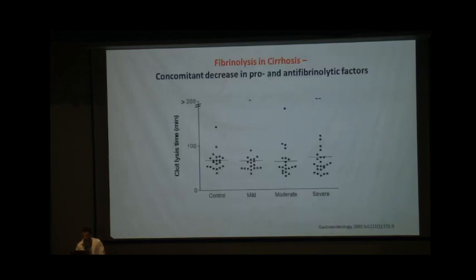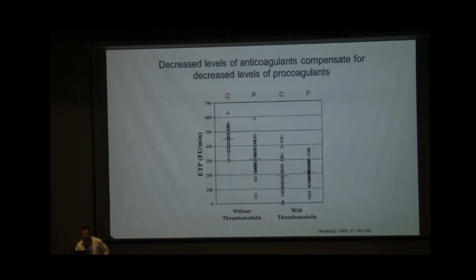So there is a concomitant decrease in the pro- and antifibrinolytic factors seen in patients with cirrhosis, and hemostasis is maintained between the pro- and antifibrinolytic factors in cirrhosis. The generation of thrombin in the presence of thrombomodulin is preserved in patients with cirrhosis.